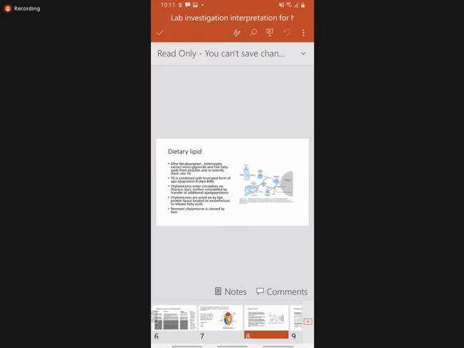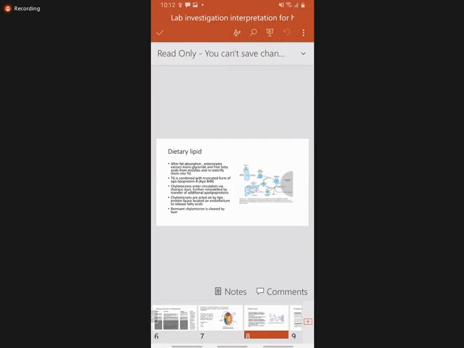Here you see the diagram. The whole procedure you can understand with the help of this diagram. What happens here when you eat a certain fat diet? The fat is absorbed in the enterocytes. Enterocytes are the intestinal cells. Okay, free fatty acids and the monoglycerides are released from the micelles, and then what happens here? You see in the diagram that they are re-esterified into the triglyceride.